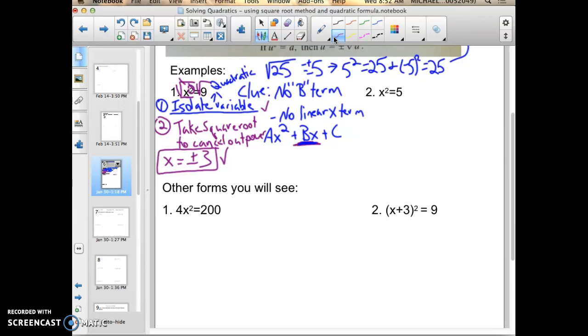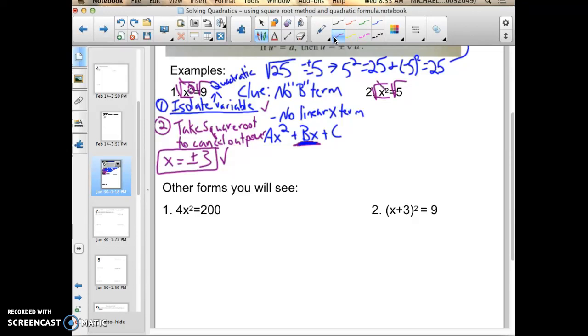Let's move on to example 2. It's the same thing. I would take the first step of isolating the quadratic variable, and it's already done for me. Then I'll move to step 2, take the square root to cancel out the power. Whatever I do to one side, I have to do to the other. The only difference in number 2 is that 5 is not a perfect square.